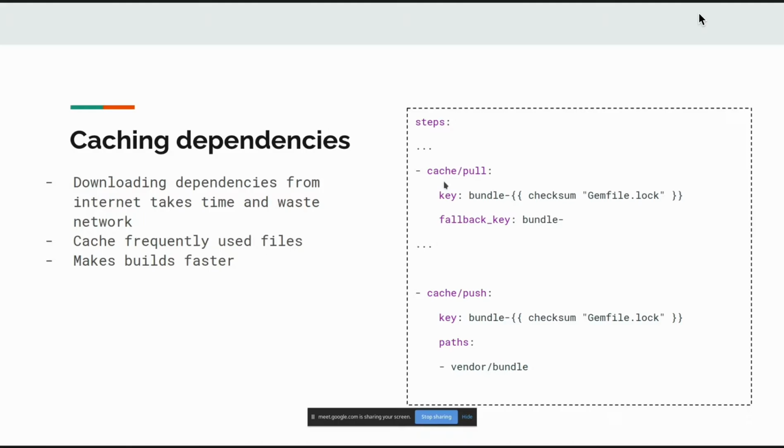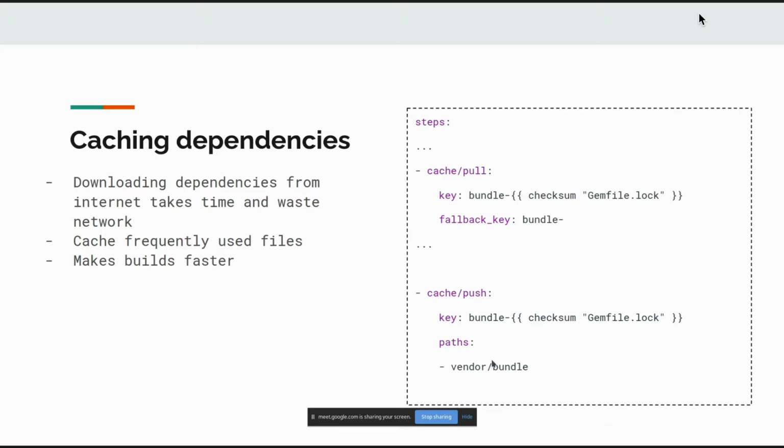So a cache pull should have a key, and similarly a cache push has a key, and in the cache push you will have an additional field called vendor in the paths. In the paths, you can provide all of the files and directories that you want to cache.